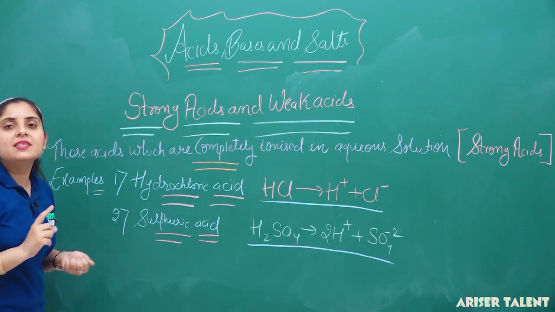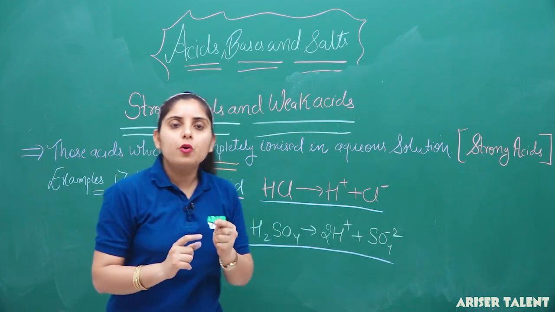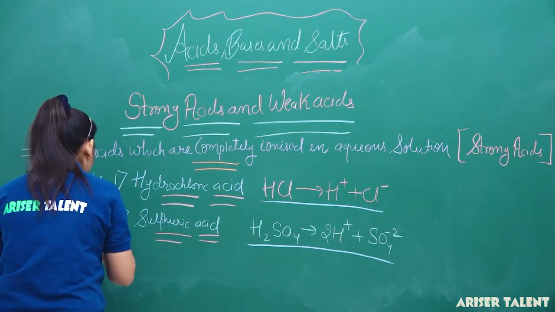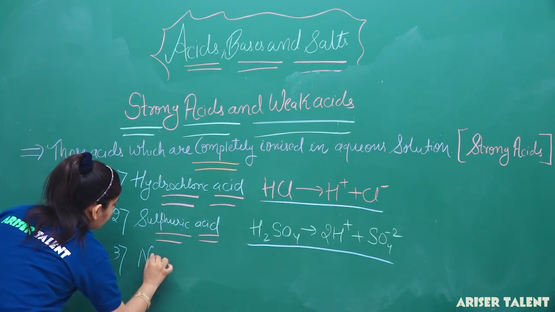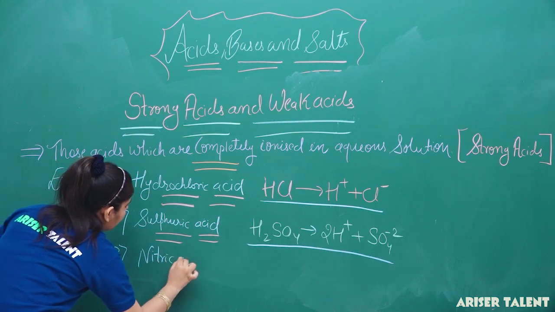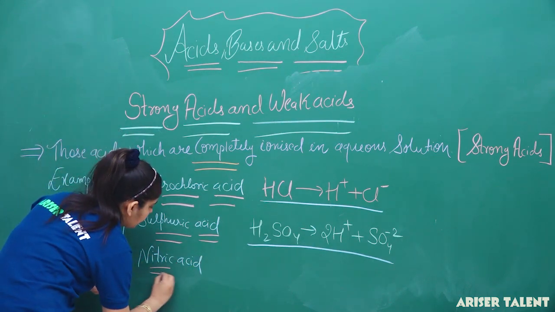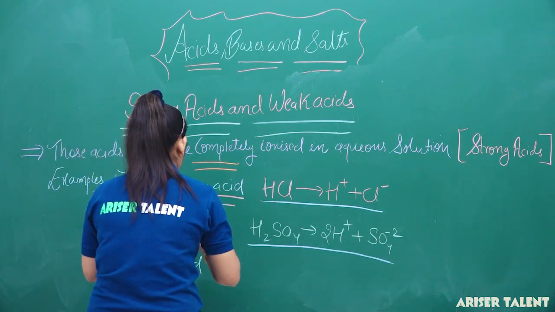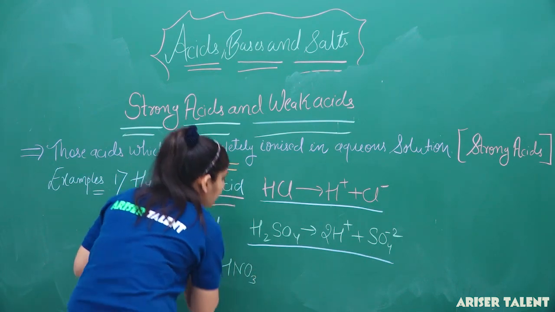We have a third acid which is considered in the category of strong acids, that is nitric acid. So nitric acid is HNO3.